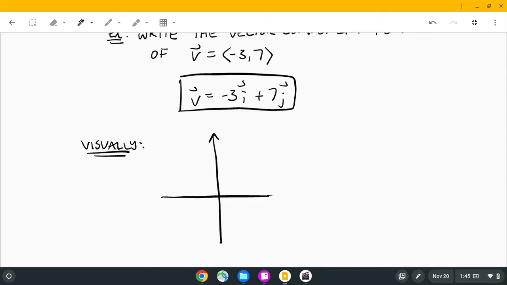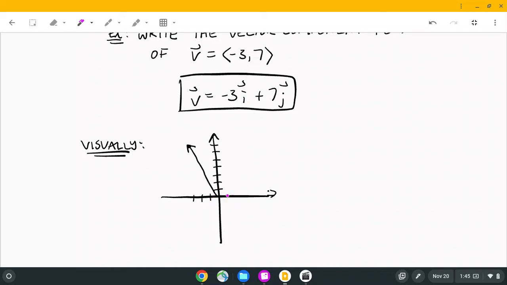Okay, so here, we have negative 3, 7. 1, 2, 3. 1, 2, 3, 4, 5, 6, 7. So negative 3, 7 is right here. So this is our vector v, negative 3, 7, right? And if we take a look at each component, it's a lot easier to see it with this one because we know that i is that horizontal vector, right?